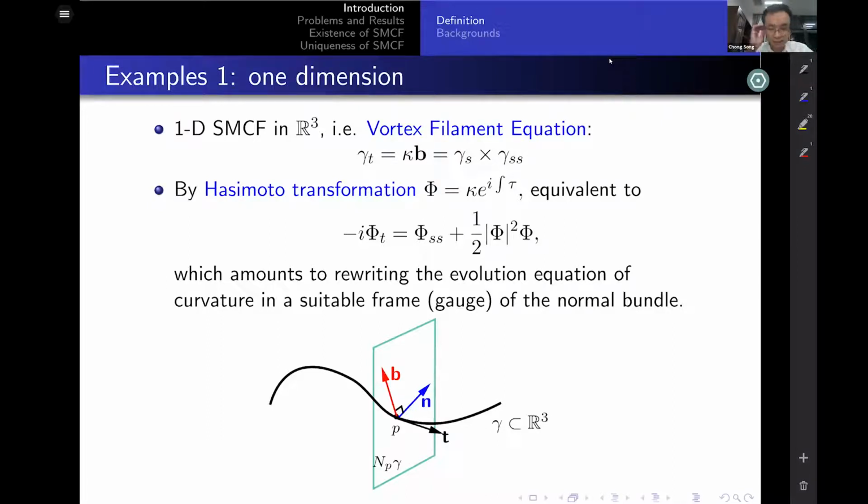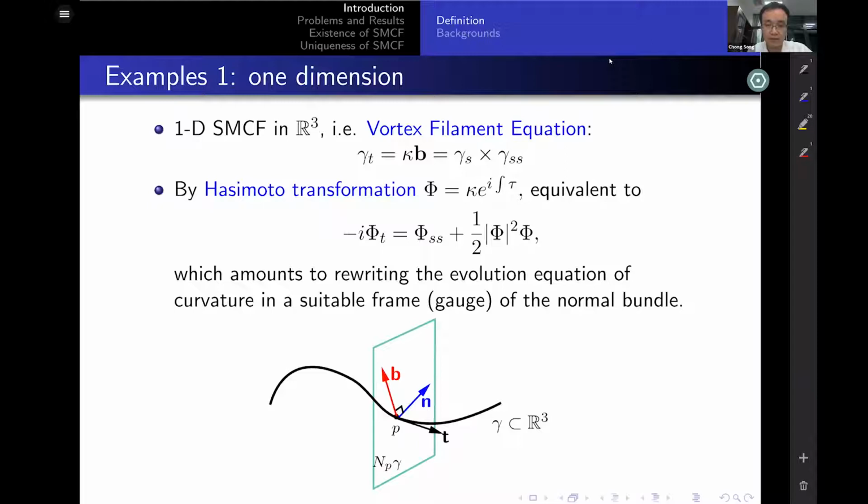In the second row, the classic vortex filament equation is written in the Frenet frame, but you can, of course, choose another frame of the normal bundle and derive the evolution equation of the curvature vector.